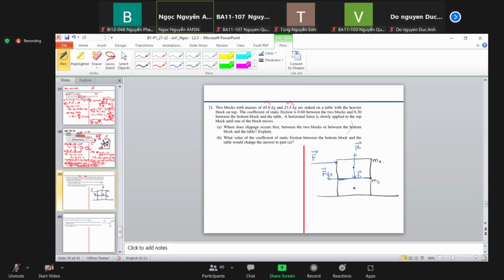M2 itself will have the gravitational P2, but on top of P2 you have P1. So gravitational force acting on it will be P1 and 2 as well, right? And because of P1,2, we have here N1,2.